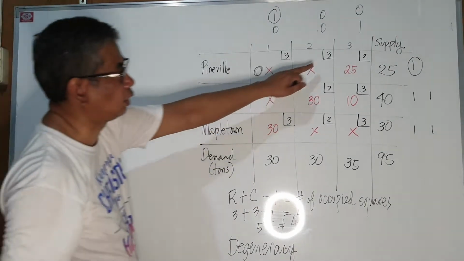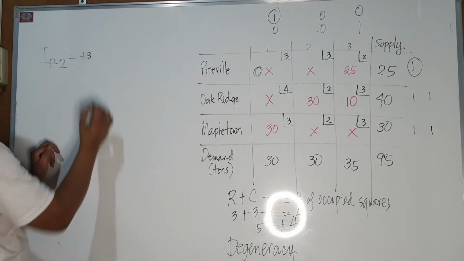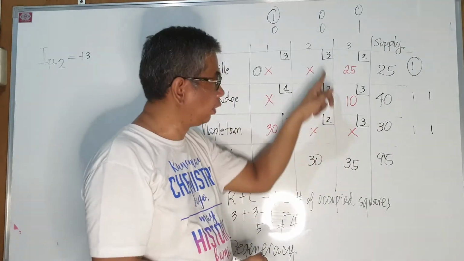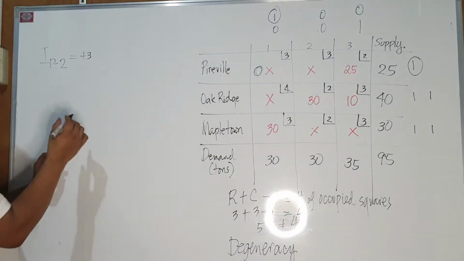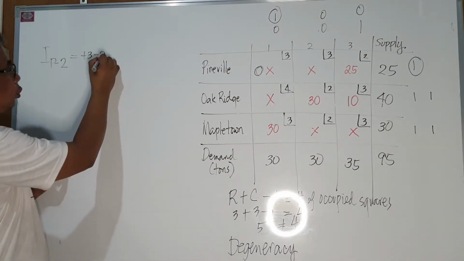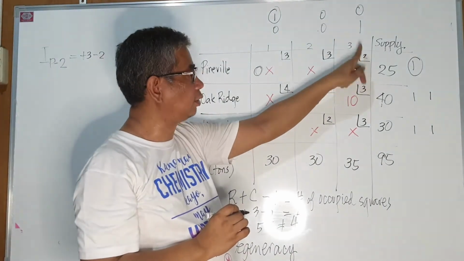So, if we start here, that's positive 3. Then we have the option to go clockwise or counterclockwise. So, plus 3, suppose we move clockwise. So, plus 3 minus 2, then alternating sign. So, positive again.